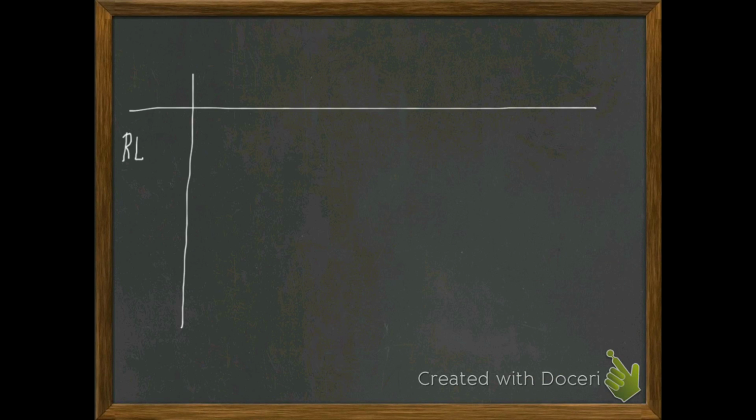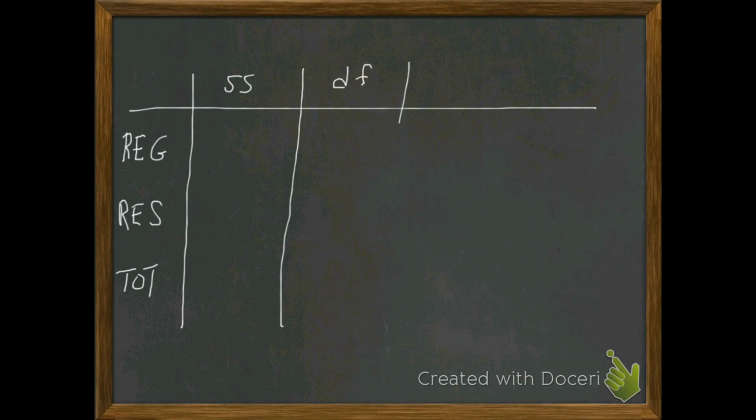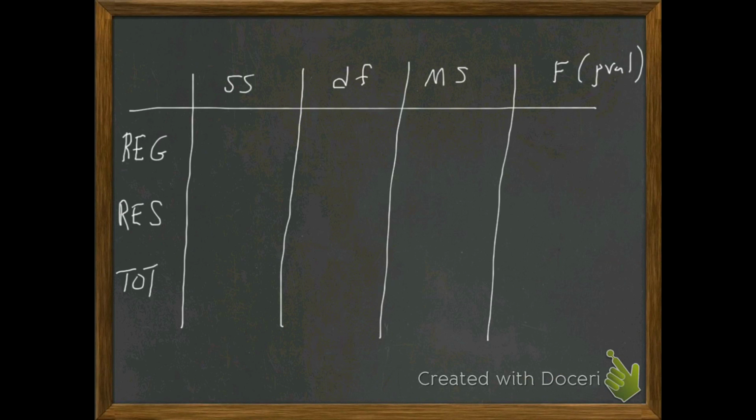We're going to have our regression, our error, which is typically referred to as residual, and I want my total. The first thing we'll have is our sum of squares. Next is our degrees of freedom, then our mean square term, and then the F and the p-value. Okay?